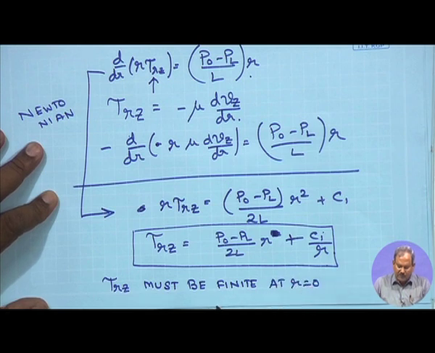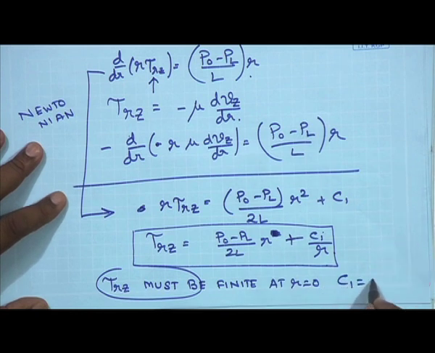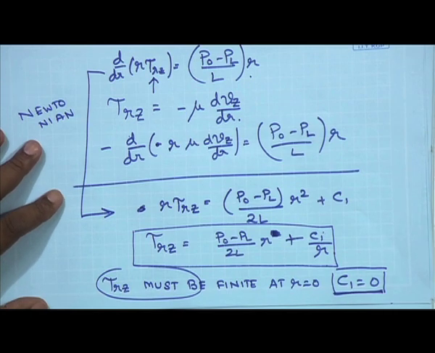Shear stress has to be finite at r equals 0, and this can only happen if C1 is 0. So, the fundamental condition that the shear stress cannot be indefinite at any point in the flow field will give me a definitive value for one of the integration constants.